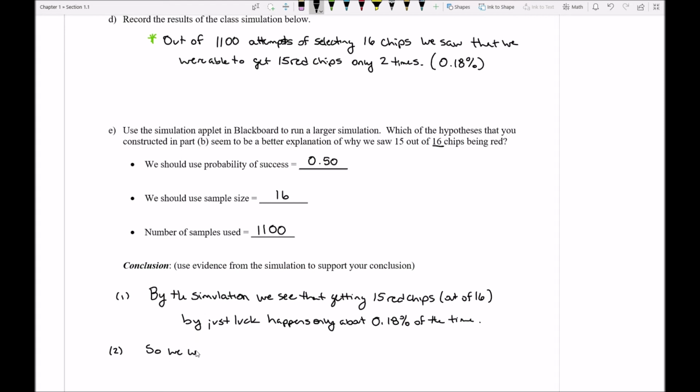So I'll say that we will choose to believe hypothesis 2, which states that the machine is making more red chips than blue chips.